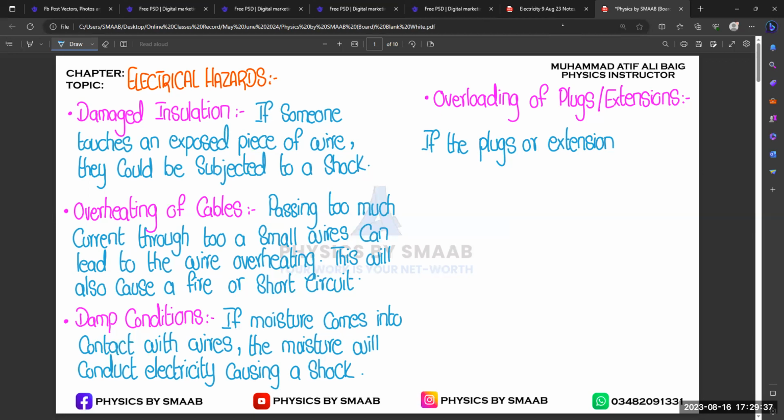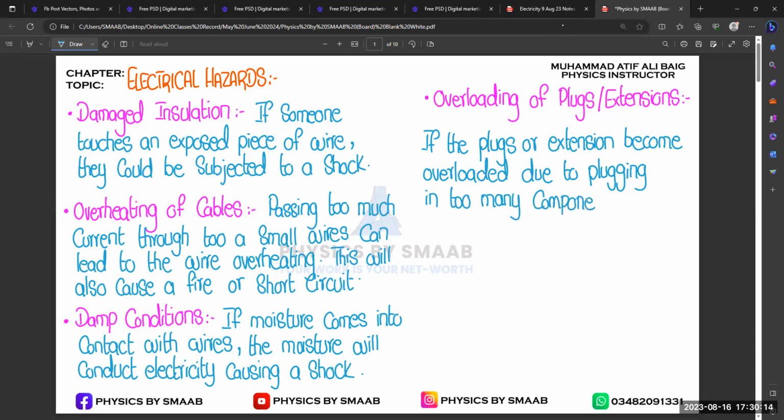So if the plugs or extension or sockets become overloaded due to plugging into many components, heat can create fire, right?